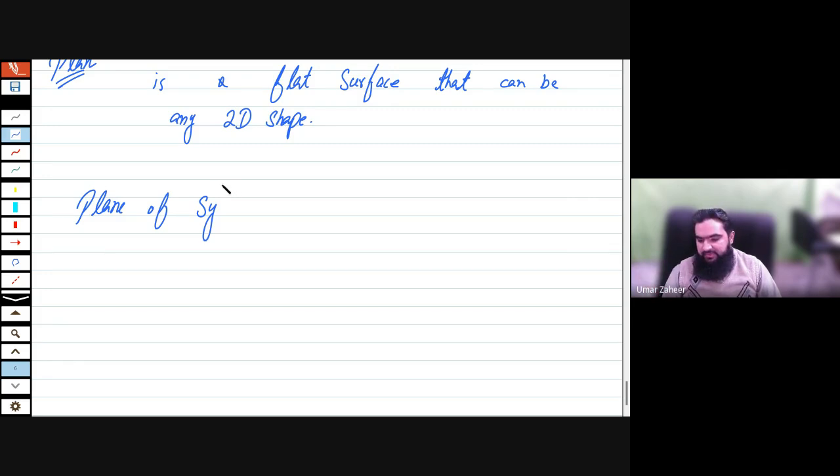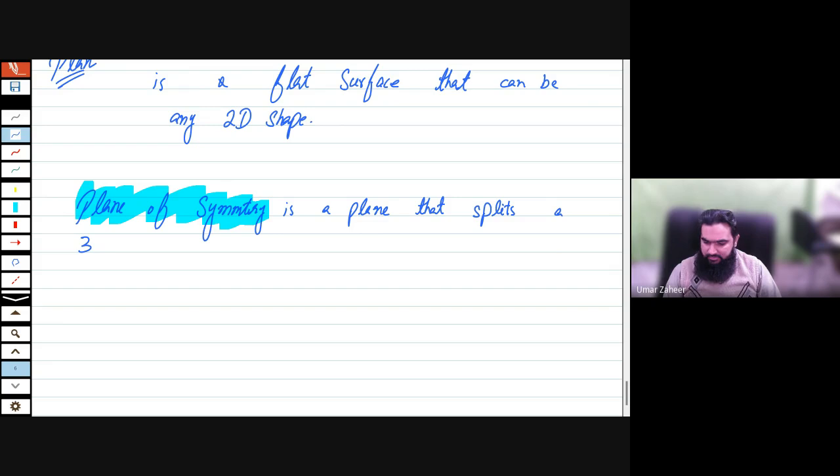The plane of symmetry is a plane that splits a 3D shape into two identical halves.